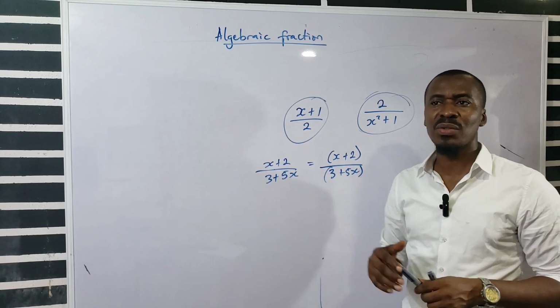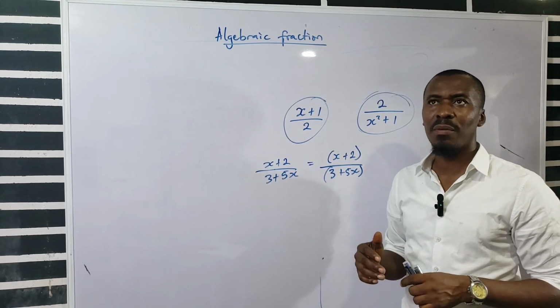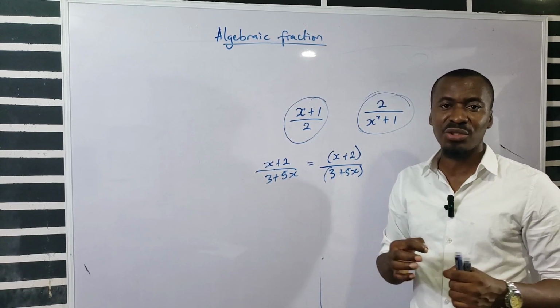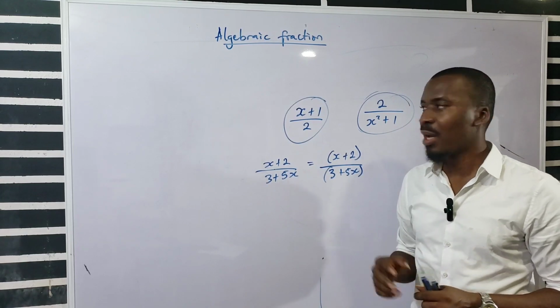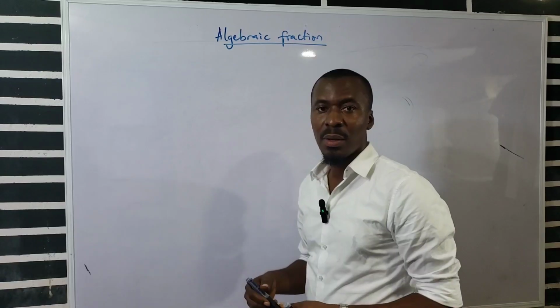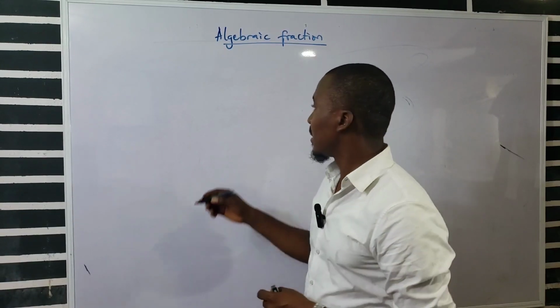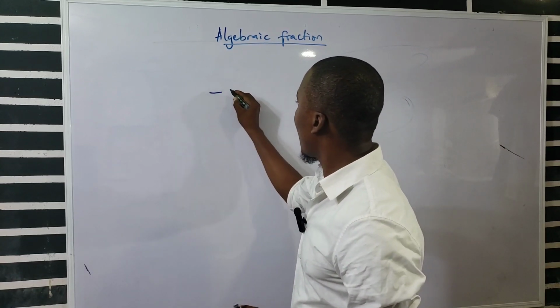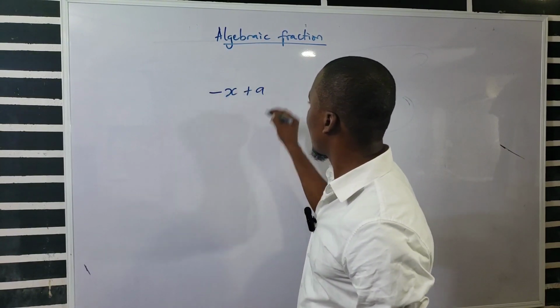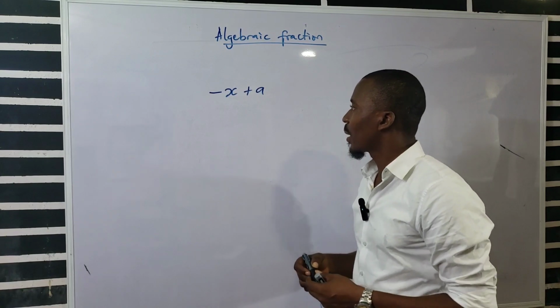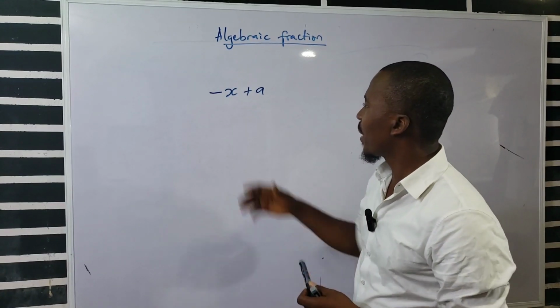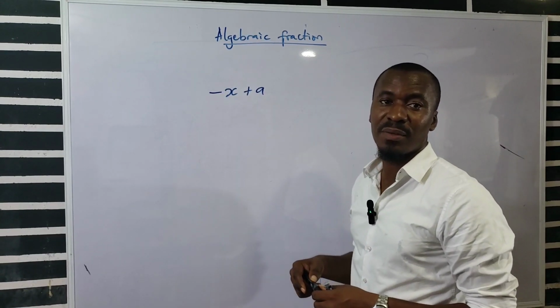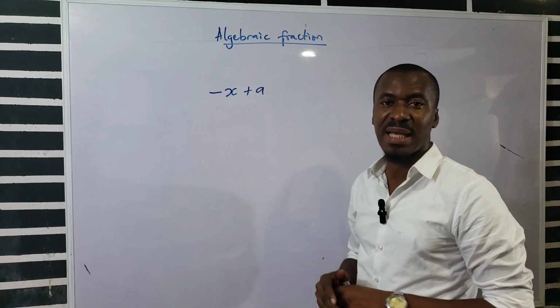Then the next thing I want to say is the use of minus or the factorization of minus outside the bracket. What I'm trying to say is that if you have minus x plus a, we can actually factor out minus outside the bracket.